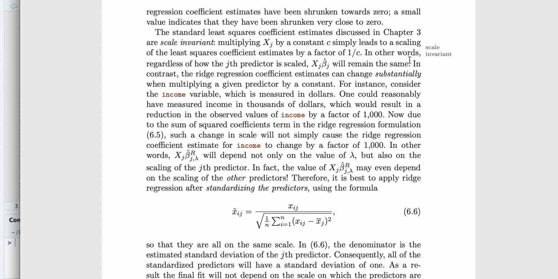So regardless of how the jth predictor is scaled, xj beta j will remain the same. But for ridge regression or any penalized method, the estimates can substantially change when multiplying a given predictor by a constant.